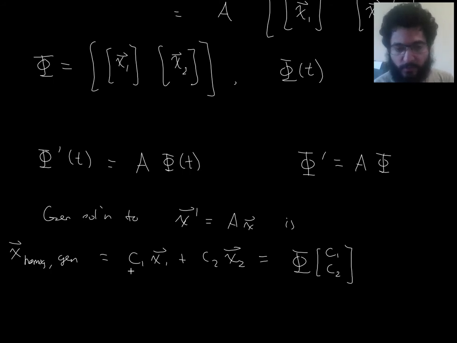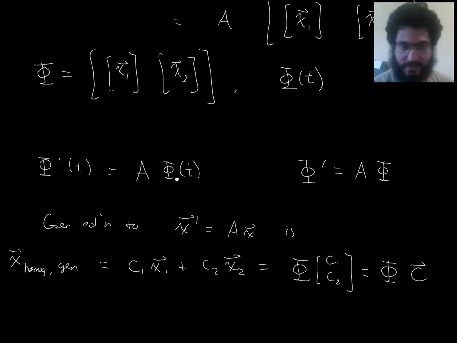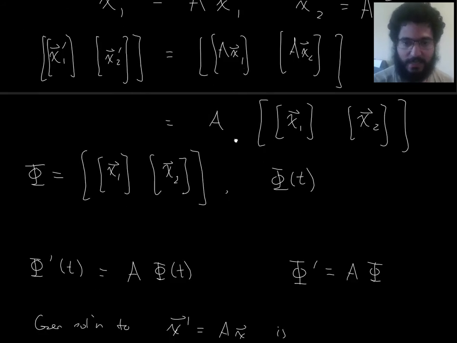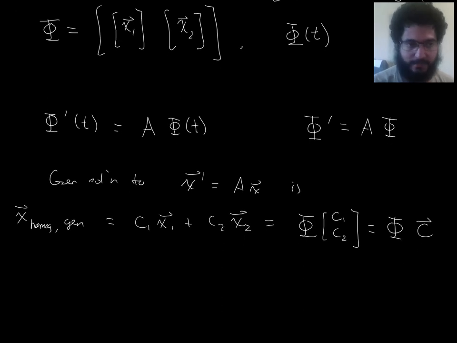So what we were thinking of previously as 2 free parameters describing the 2-parameter family of solutions, we can now view as 1 free vector parameter: the matrix phi applied to a free vector C. And the beauty of this is that if the system were an n by n system, say 3 by 3, with 3 unknown functions x, y, z, then the same notation, equally efficient, can be used to express these ideas.